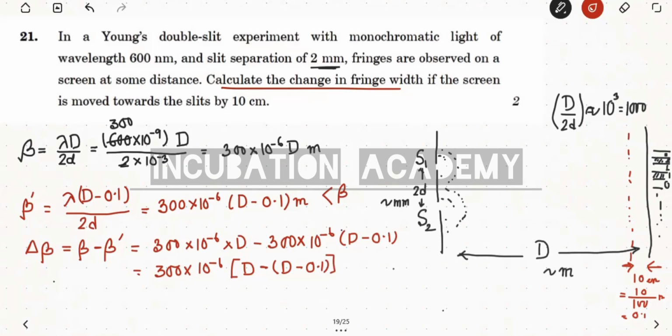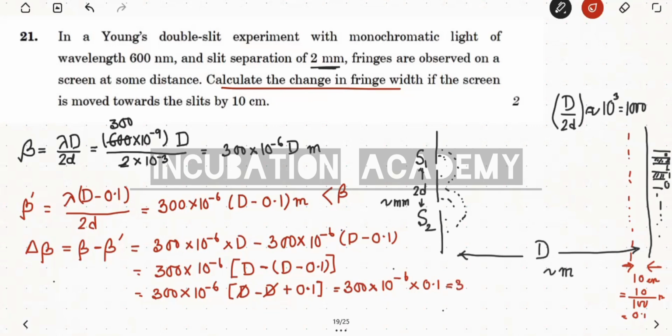So see how beautifully this capital D cancels out here. This becomes 300 into 10 to the power minus 6 multiplied by 0.1. So 0.1 into 300 is 30.